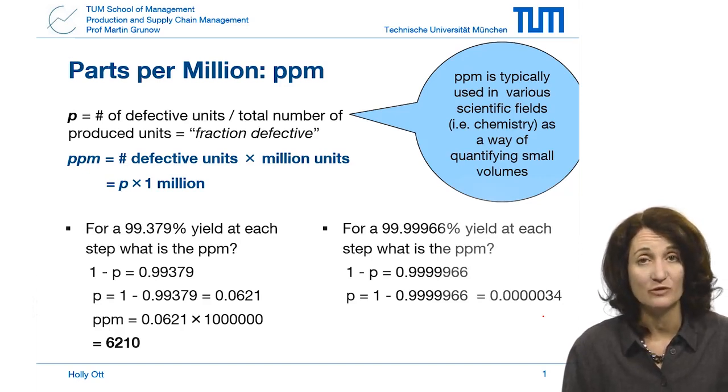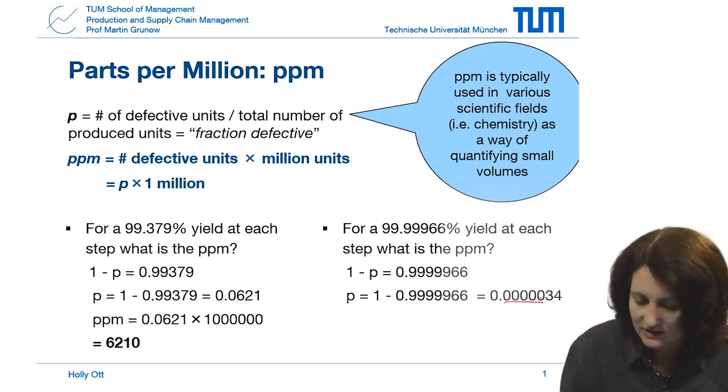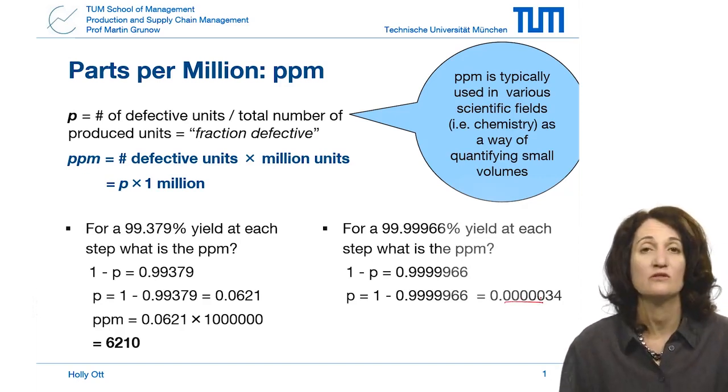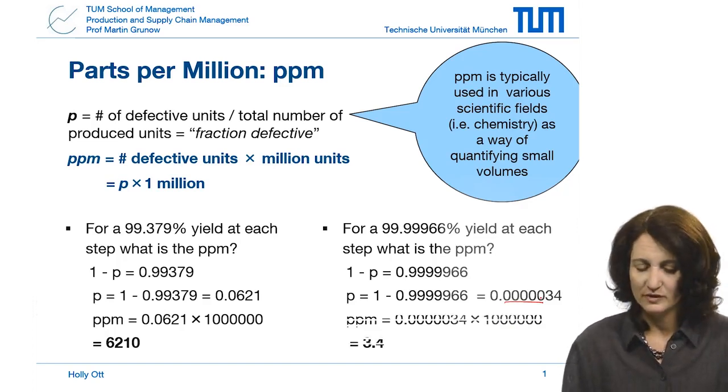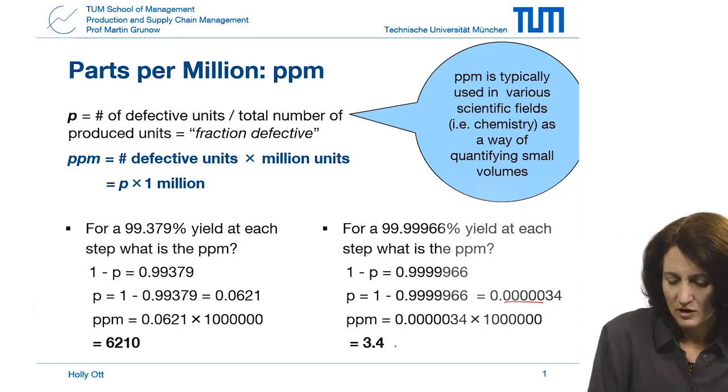P is going to be equal then to 1 minus that, or 0.000000, and here we have 5 zeros, 34. Parts per million then is going to be 3.4 parts per million defective.